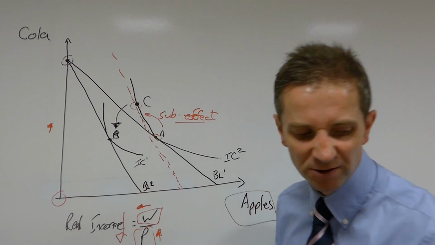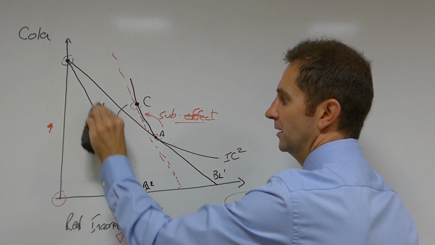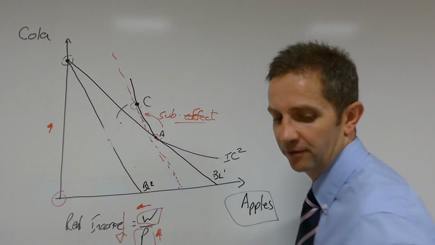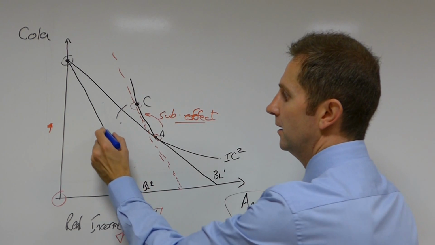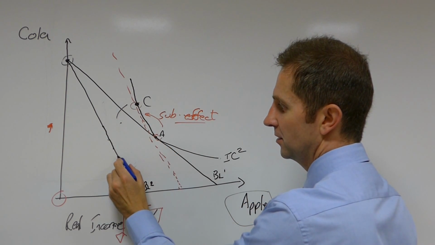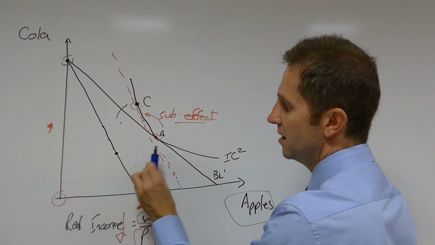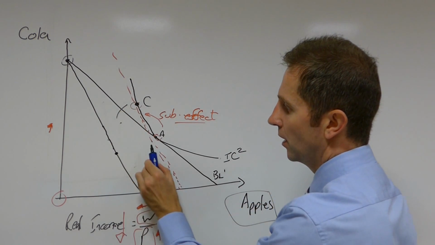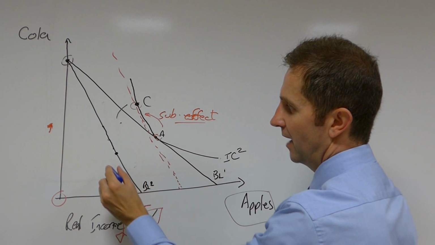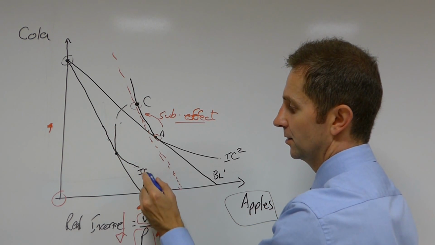And so if you really wanted to exaggerate the point, you could in effect put that curve, given that this is point A here, this is point C, to show that we've a clear reduction not only in the consumption of cola but also in the consumption of apples, then you could just move that down to there. So IC1.